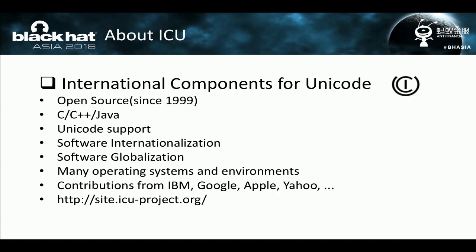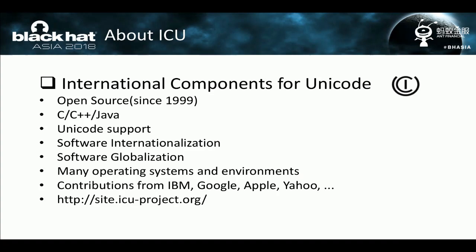ICU is the acronym for International Component for Unicode. It's an open source project of mature C, C++, and Java libraries for Unicode support, software internationalization, and software globalization. It's widely portable to many operating systems.